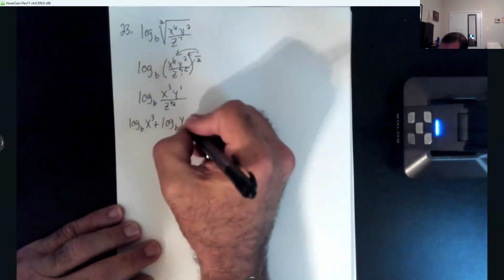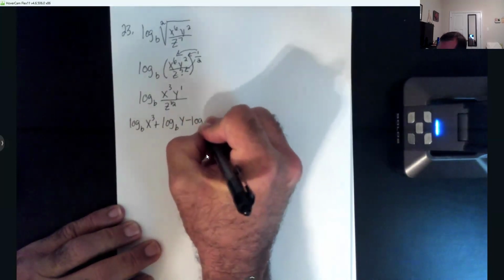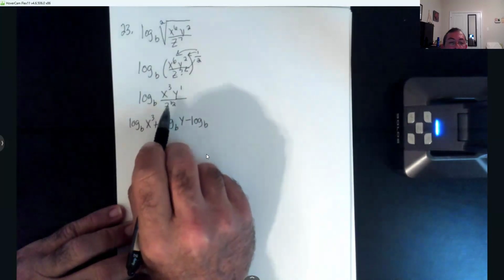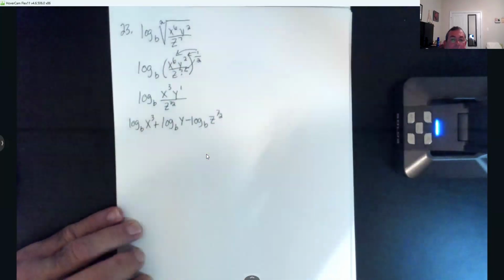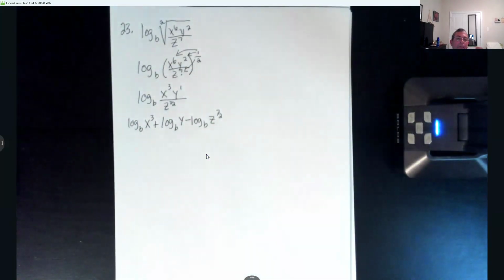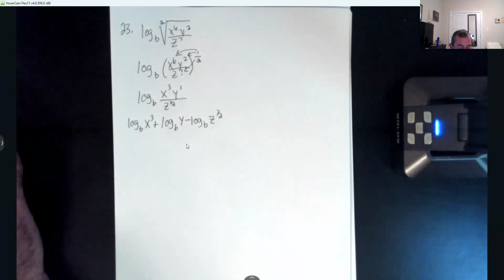Now the other factors on bottom, it gets subtracted. So that'll be minus log b of z to the 7/2. So what was the next step? After this, what would y'all do next?